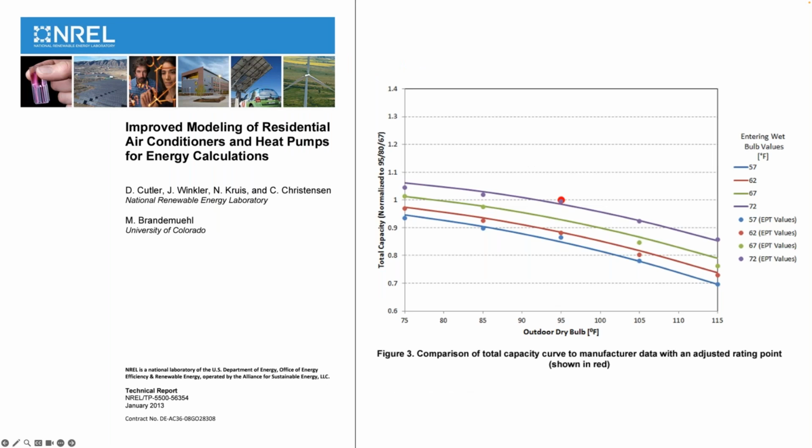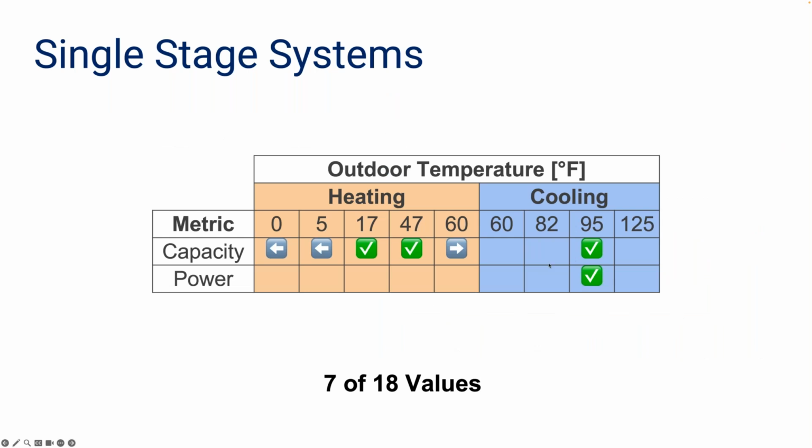And again, we reference back to the Cutler curves, because what they include here are curves that are basically your capacity maintenance and EIR maintenance at different values of outdoor temperature. And so if we use those for cooling capacity, then we can calculate what the capacity is at 82 and then extrapolate out to the extremes.